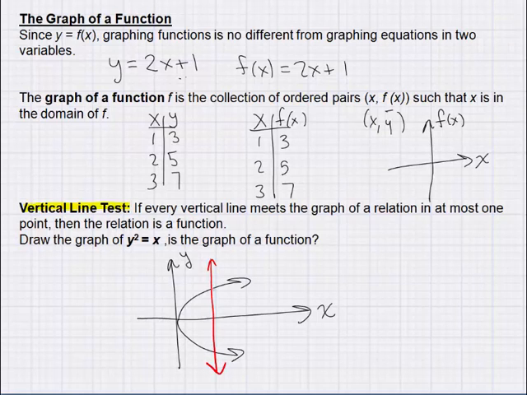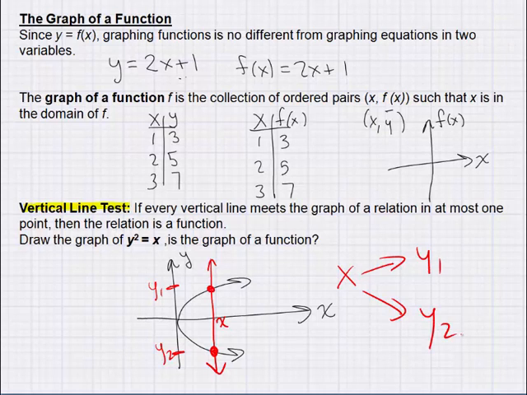If I put a vertical line on here, I have 2 places where this vertical line hits my equation. So if it hits my equation in 2 points, what happens? Here's an x value. This x value has 2 different y values associated with it.